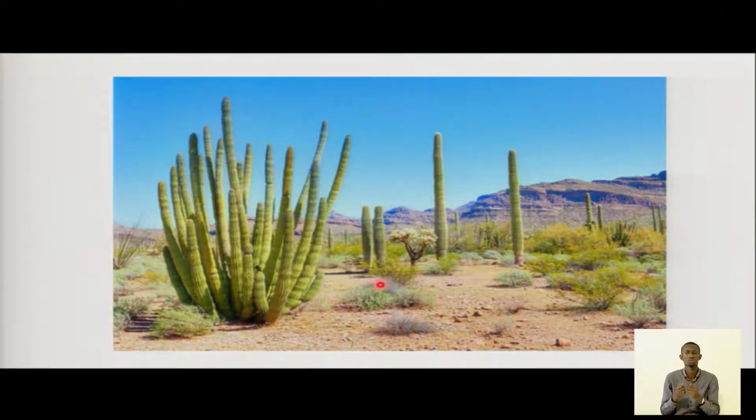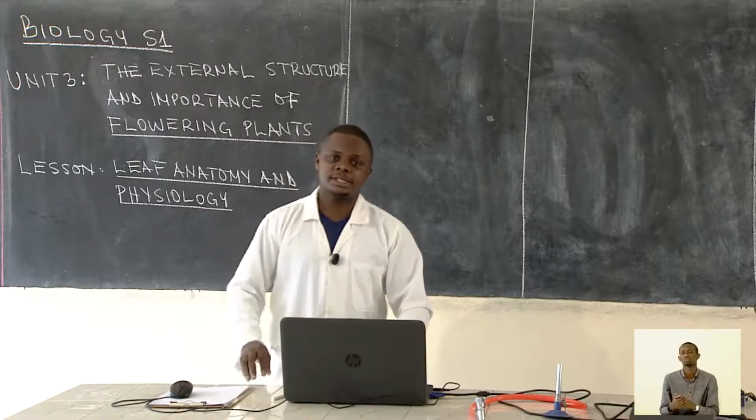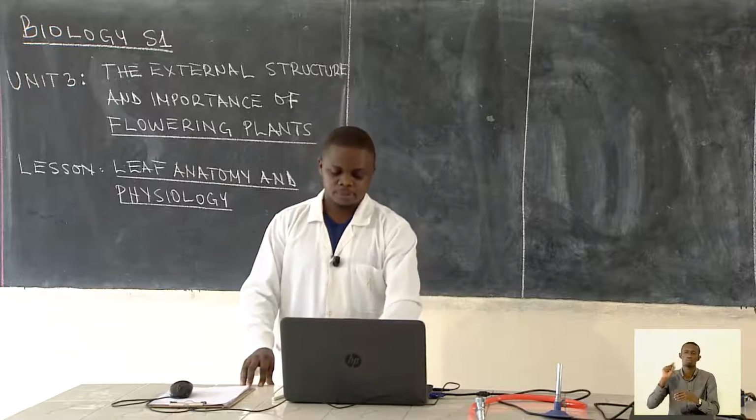One of the adaptations is modifying leaves into spines so that there is no excessive loss of water and no too much gaseous exchange, and in this process of preventing excessive water loss, plants are able to live in dry regions. So those are leaves which are modified into spines or thorns.